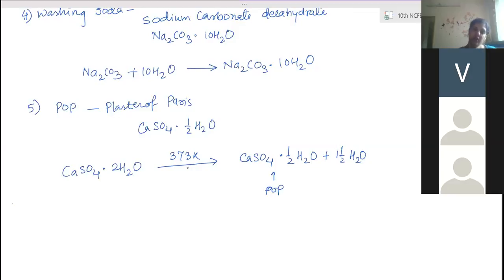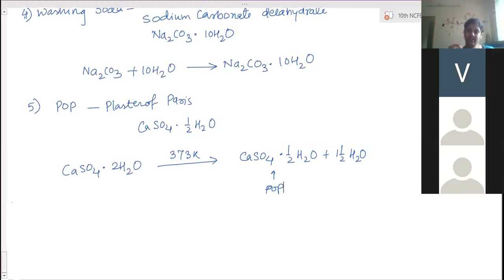Clear? And now the last part: what is water of crystallization? A proper definition it should be. What do you mean by water of crystallization?